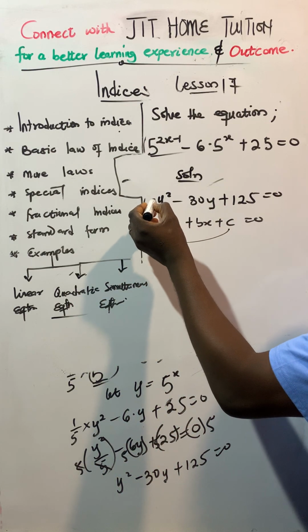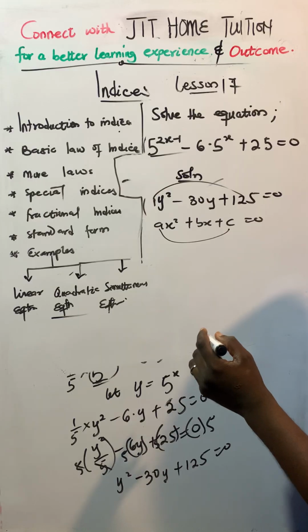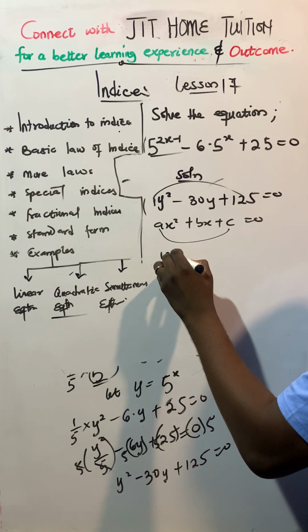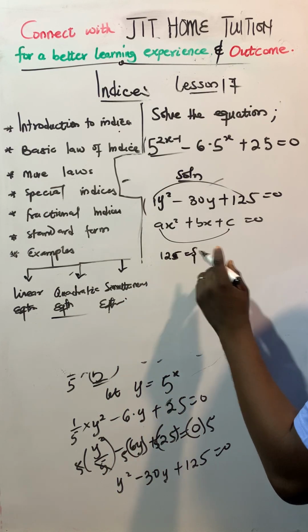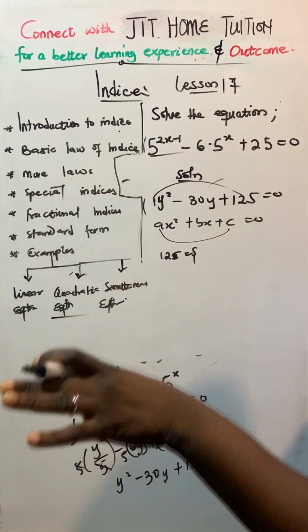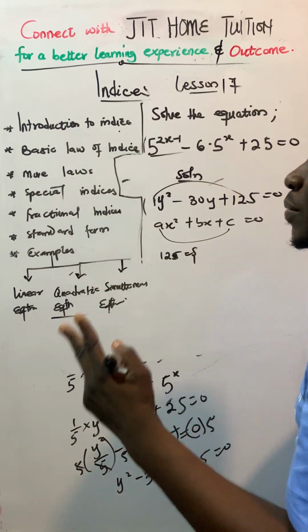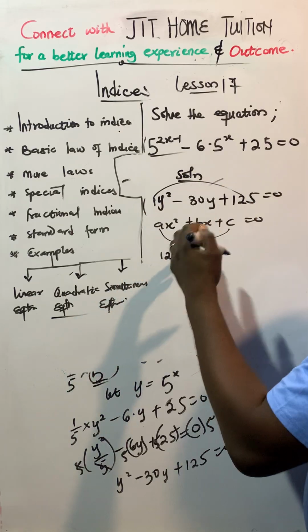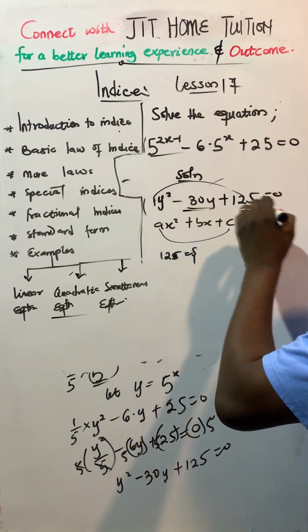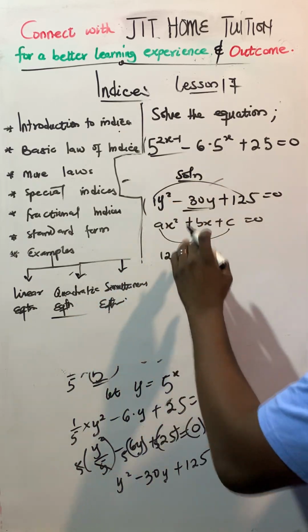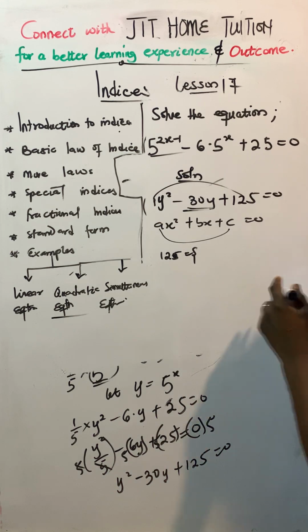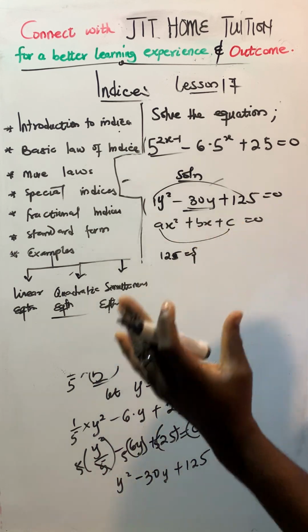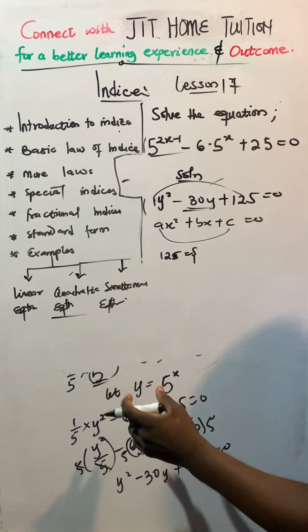So in this case, it's 1 multiplied by 125. Then you find factors of 125. Out of those factors, you choose two numbers that when you multiply, you get the product of a and c, but when you add, it will give you the middle term, which in this case is negative 30. So you are going to use 25 and 5.